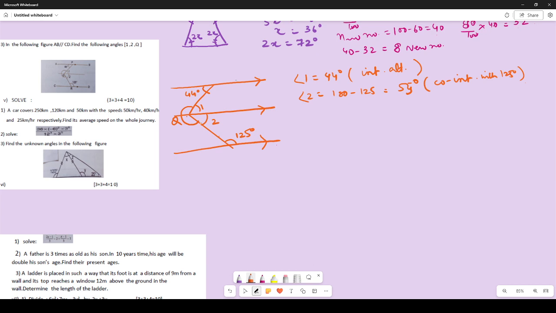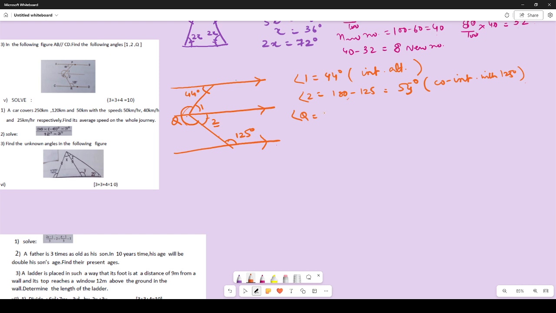Remember, the sum of co-interior angles is what? Co-interior angles, sum of co-interior this and this. Sum of co-interior angles is 180 degrees. So that is how we find 55 degrees. Now let us look at angle Q. Angle Q plus 1 plus 2, this entire thing, you look at this over here, this entire thing is 360 degrees.